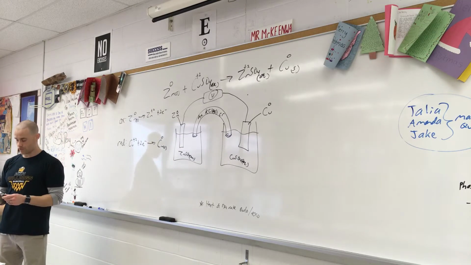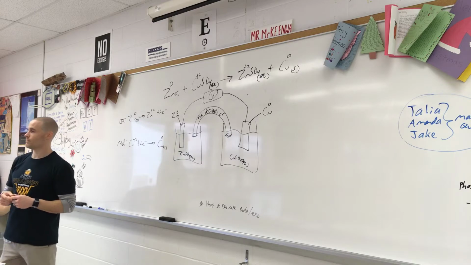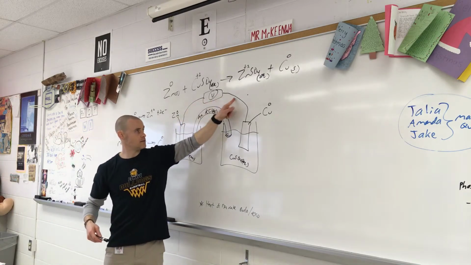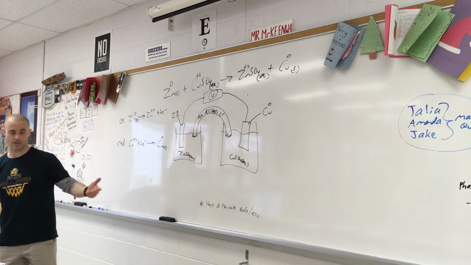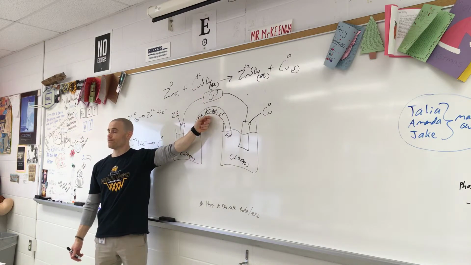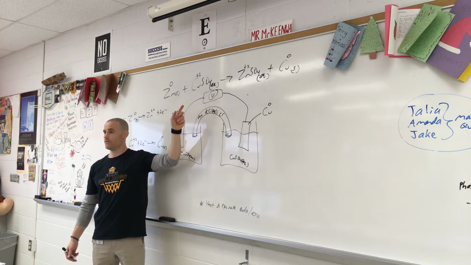And what does the salt bridge do? Well, what are these things? Wires. What flows through wires? Electricity, which is made of electrons. So the electrons are going through the wire. What's going through here? Ions. It allows ions to migrate. Does that ring a bell? Hopefully.